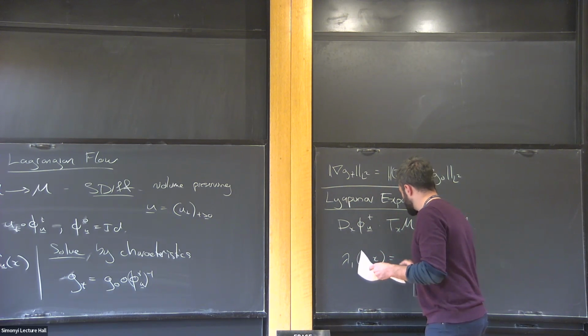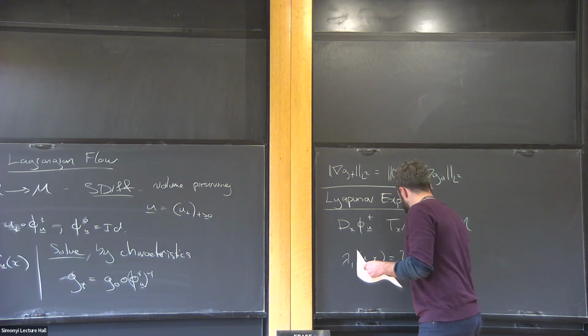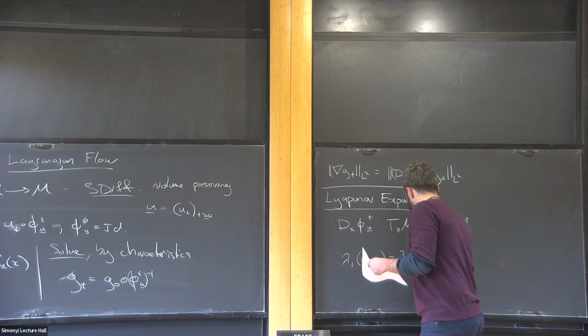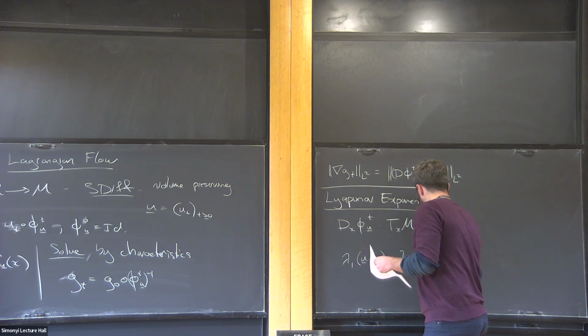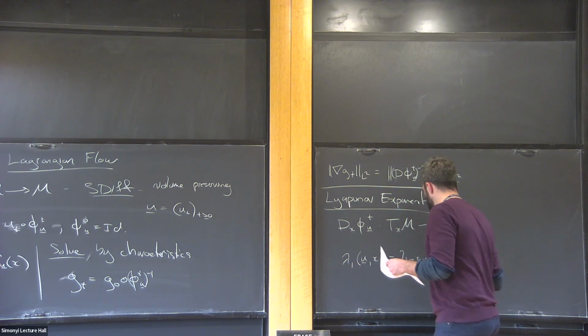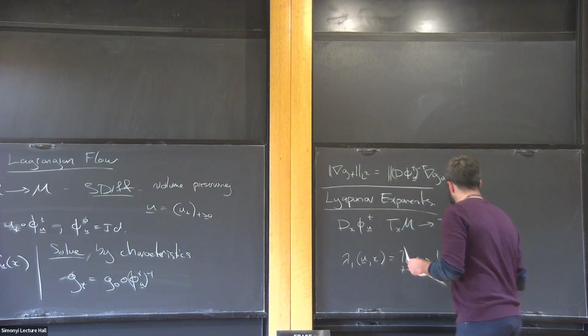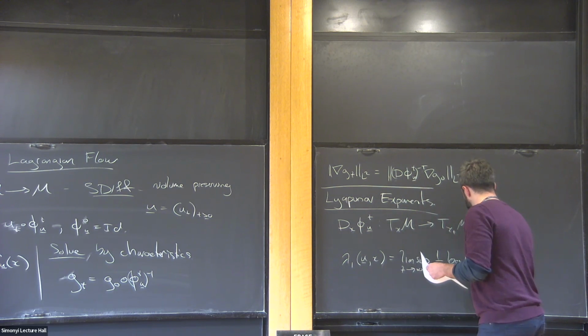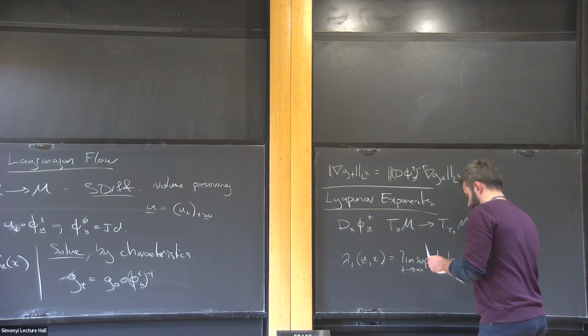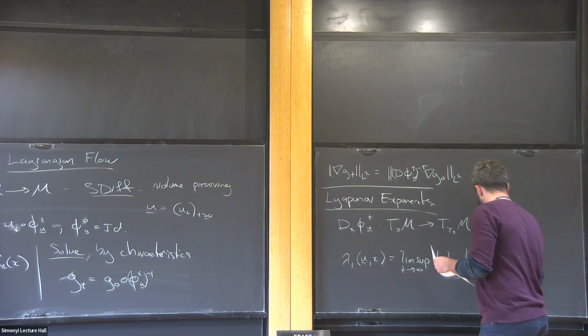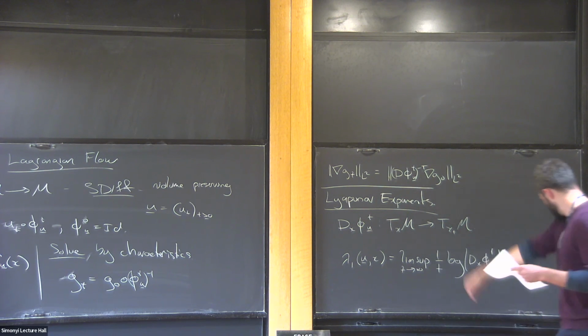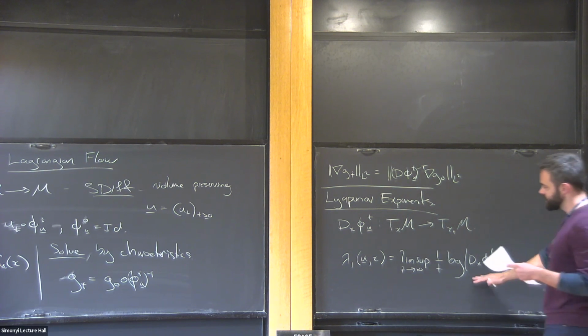Without saying anything else about the flow, I'm going to define the top Lyapunov exponent, λ1, to be the asymptotic exponential growth rate of the norm of d_x phi_t.